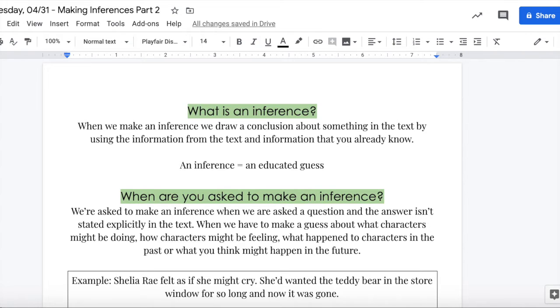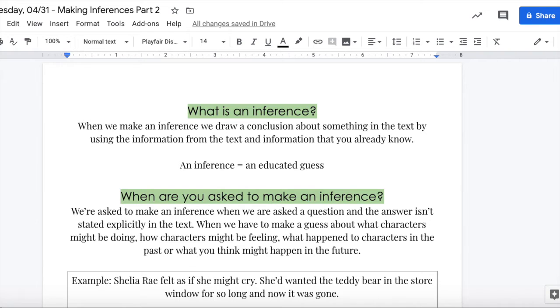Now, I want to go back and start by answering the question, what is an inference? When we make an inference, we're asked to draw a conclusion about something in the text by using information both from the text and information that we already know.